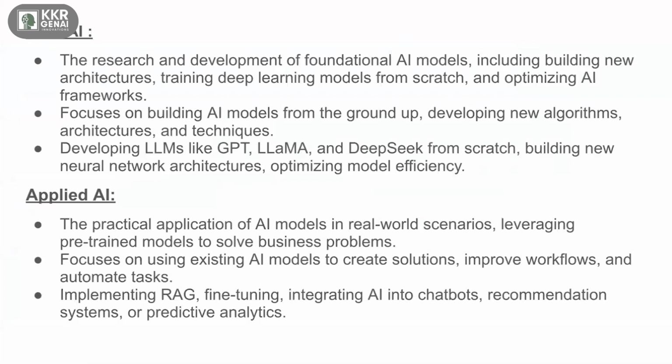If you take companies like Google, OpenAI, Meta, they built large language models. They are the core AI teams where they build new architectures. They train deep learning models from scratch. They optimize all this stuff. So they are focusing on building AI models from the ground up.